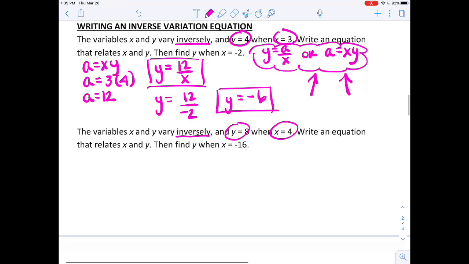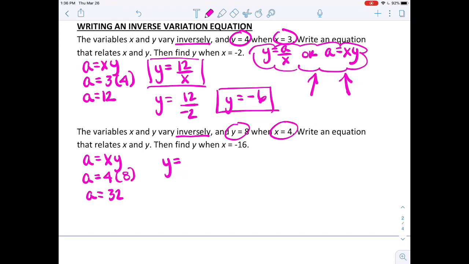Since we want to find what a is, I'm going to use that version of the equation, that a is equal to x times y. But I know one specific point where x is 4, y is 8, so my a value is equal to 32. And I can use that to write my actual equation, y is equal to 32 over x.